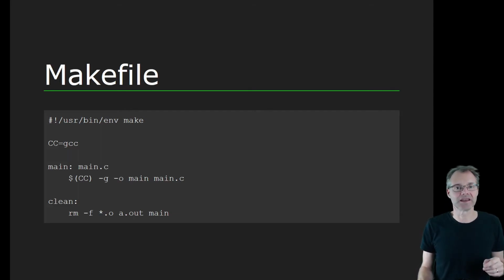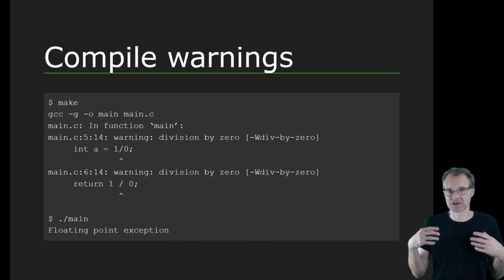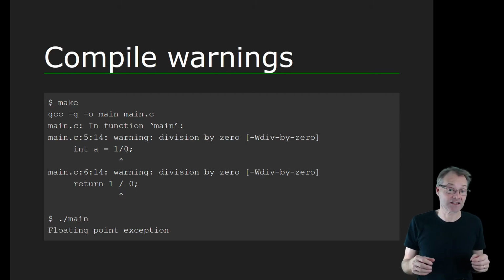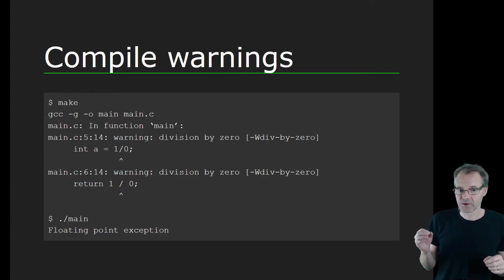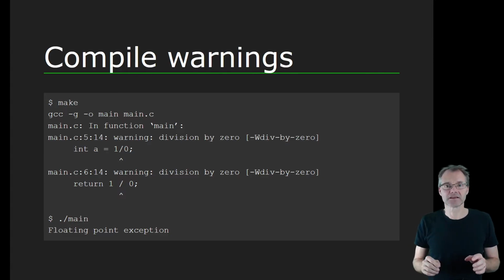If you are working in an IDE, an integrated development environment, you might not use these types of makefiles, because the IDE may fix that for you. When we compile, we might get compiler warnings.